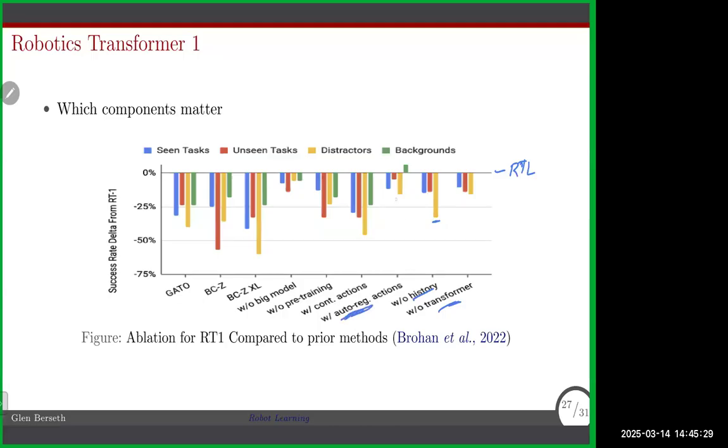The actions here don't seem to matter too much; actually, they might be a bit of a benefit. Using continuous actions obviously seems to cause some issues. And then there are some comparisons to Gato and BC-Z. So this is just a bit of an ablation. At least these other components that help churn through the data the model is trained on certainly help improve performance overall. Okay, any questions about the Robotics Transformer?